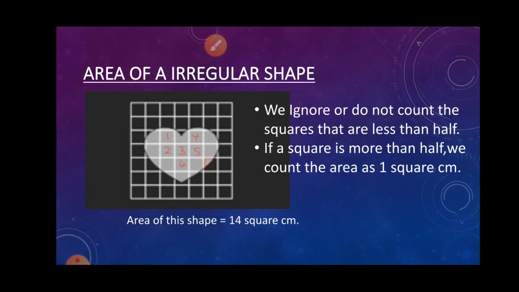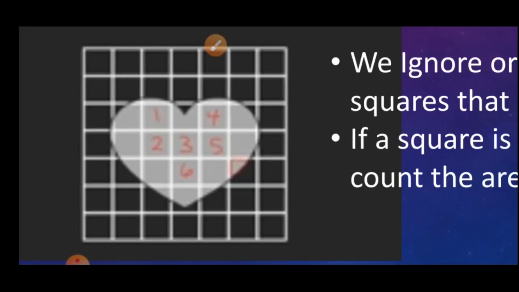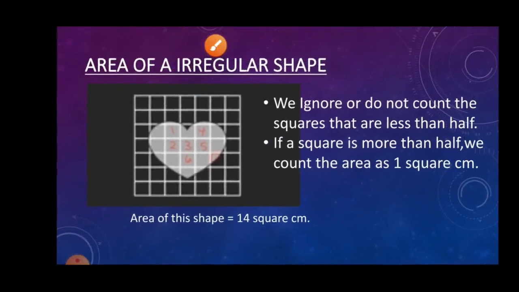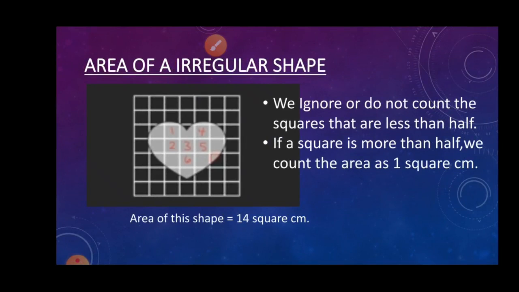So let us try to count. 1, 2, 3, 4, 5, 6, 7, 8, 9, 10, 11, 12, 13, 14. So we can say that the area of this given shape is approximately 14 square centimeter or 14 centimeter square.